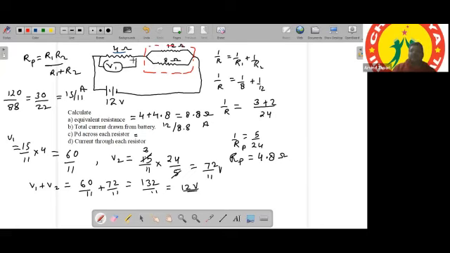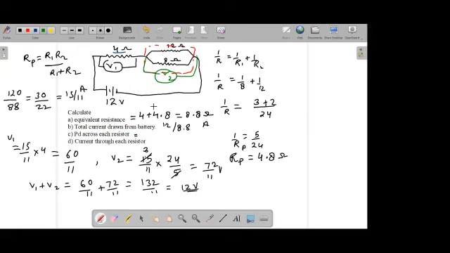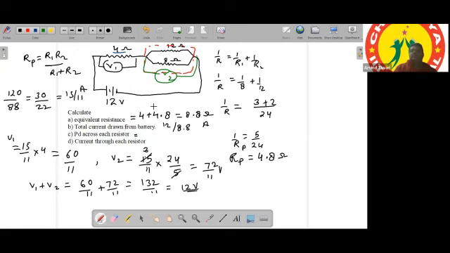So the first resistance will have some potential, V1, and the second will have the potential V2, and we know that in the series combination the total potential V is given by V1 plus V2. Both the systems will have different potential. The 4 ohm will have a different potential and this parallel combination will have a different potential.